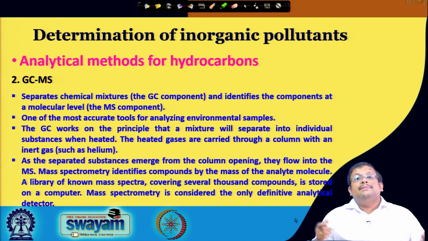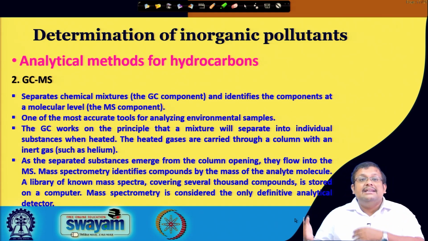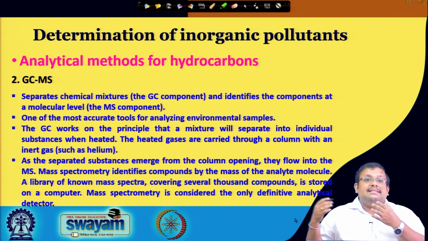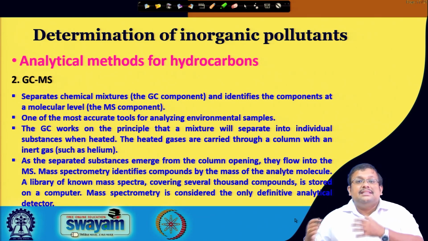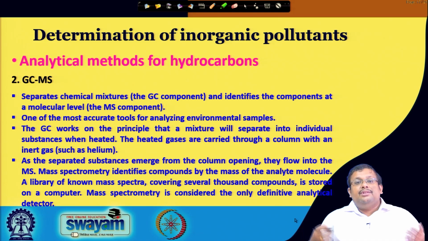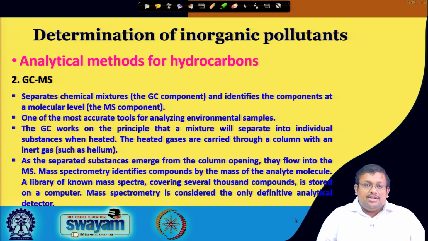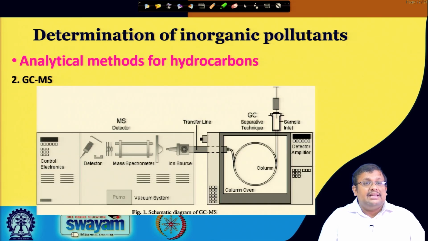GC works on the principle that a mixture will separate into individual substances when heated, and the heated gases are carried through the column with an inert gas such as helium. As the separated substances emerge from the column opening, they flow into the mass spectrometer, and this mass spectrometer detects the different components of this gas mixture. So, this is how this GC-MS basically works.